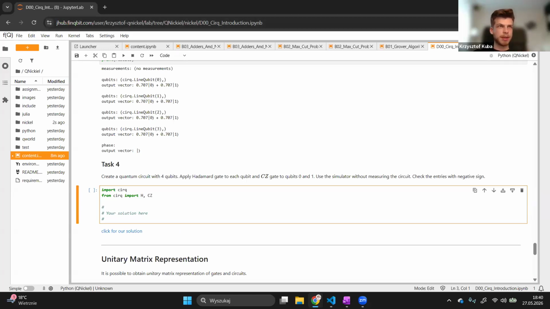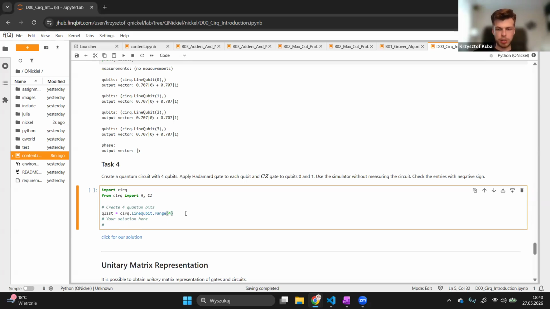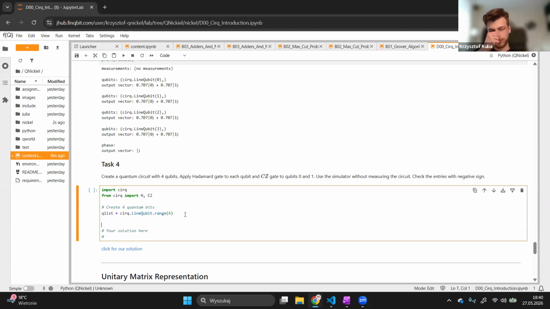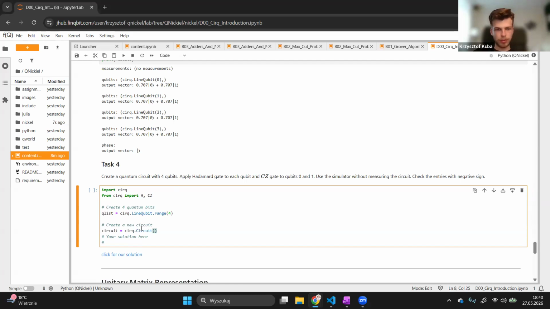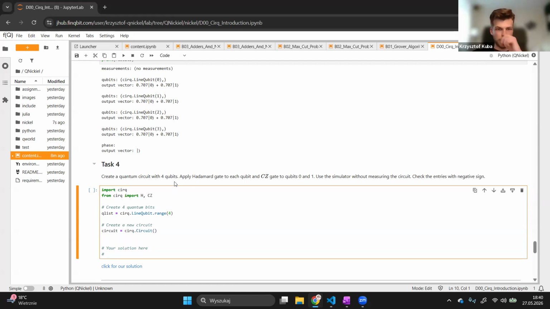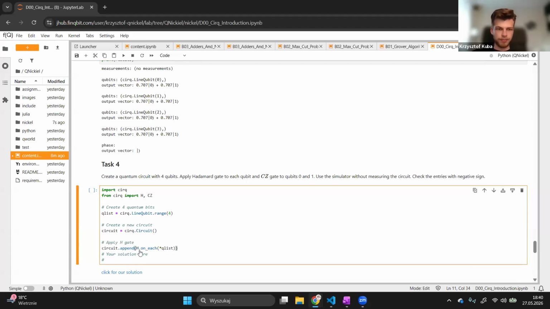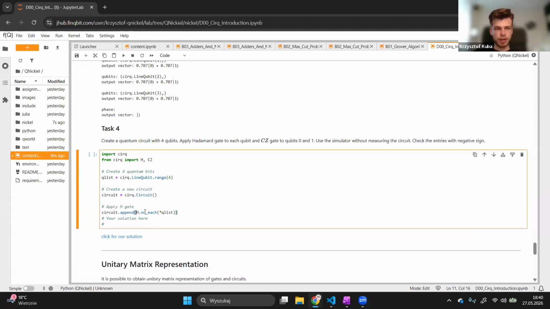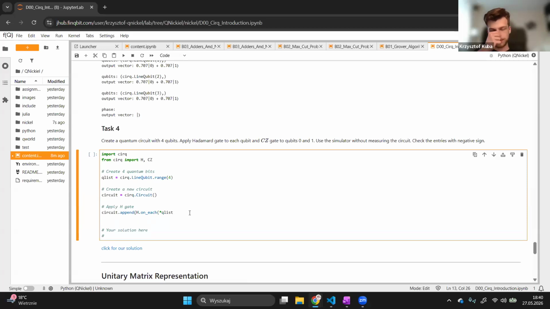Okay, so going step by step through the solution. First, we would like to create a list with 4 qubits, right? Then we initialize the circuit. Then we apply a Hadamard gate to each qubit, which is simply append Hadamard on each of the qubit list.